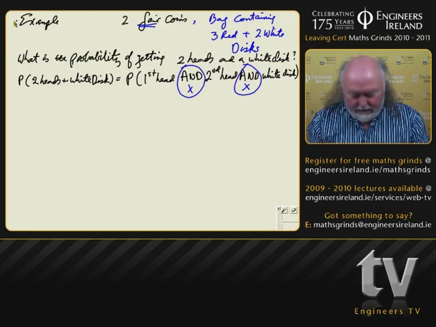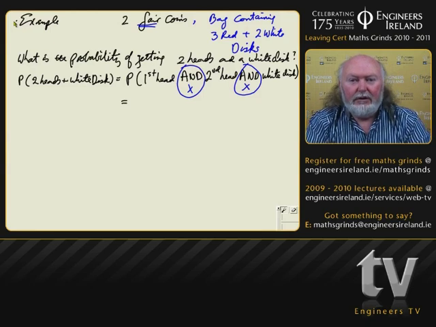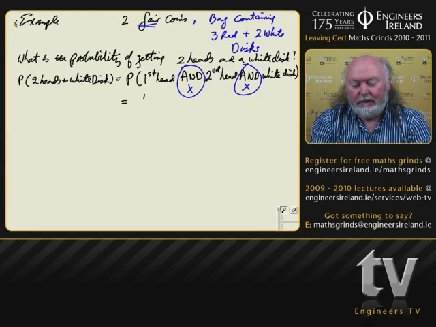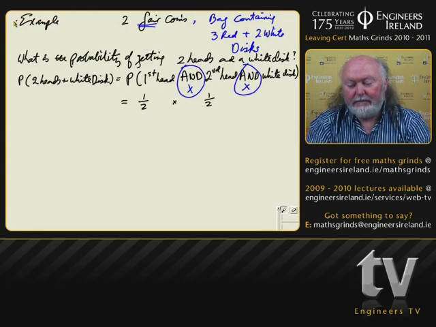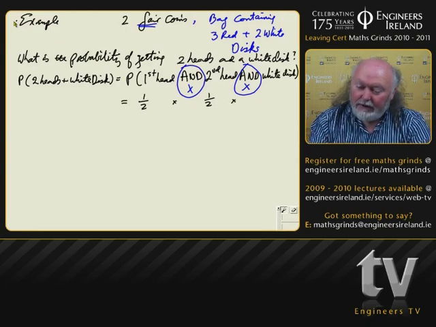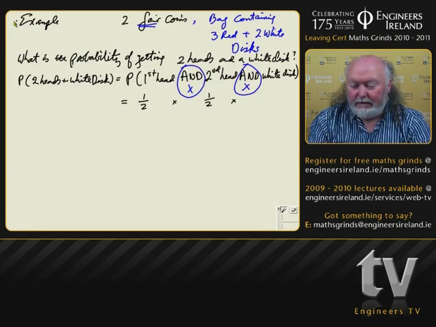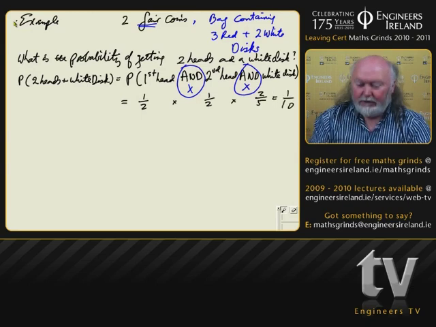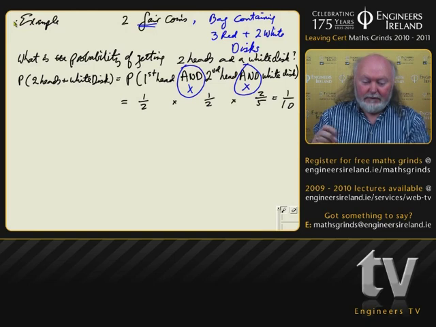So all of these things will multiply. Well, in a fair coin, there's an equal chance of getting a head or a tail. So it's 1 in 2. Same with the second fair coin. And now we're saying there were 2 white discs in total in a bag that has 5. So when you multiply that out, you get 1/10 chance that you will get 2 heads and a white disc.